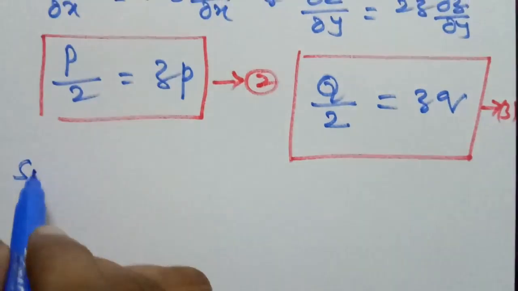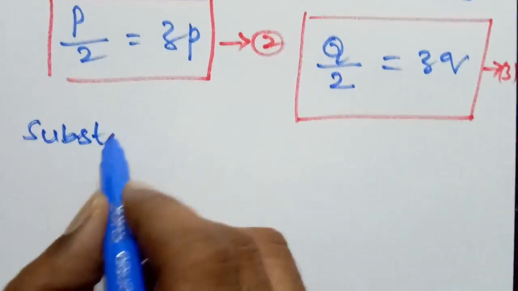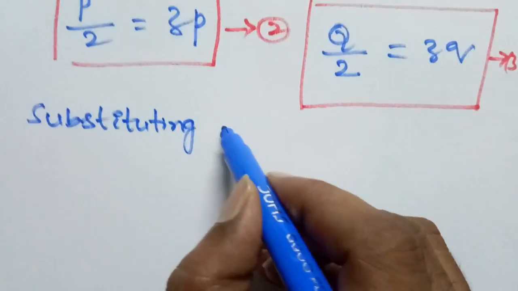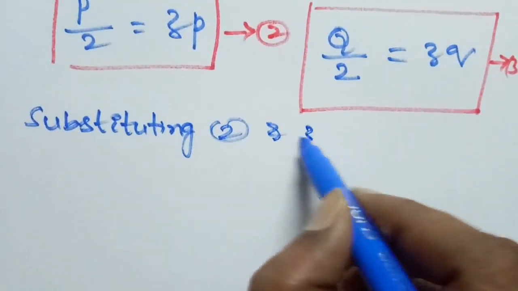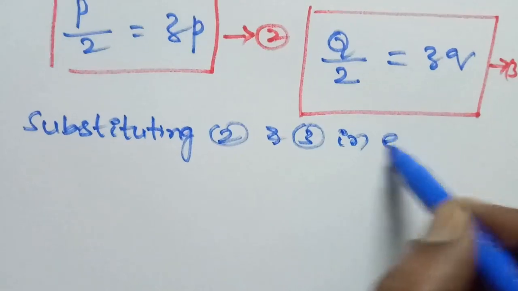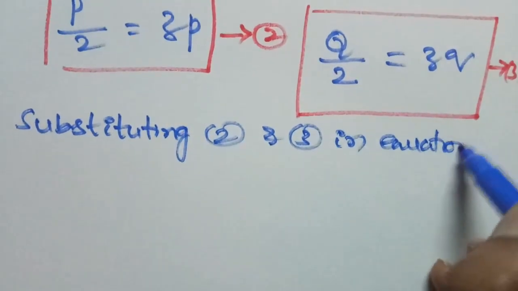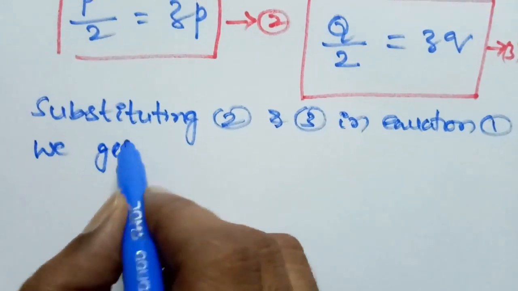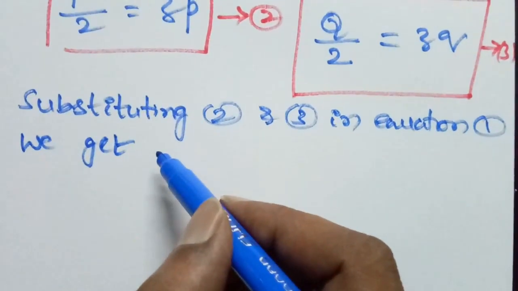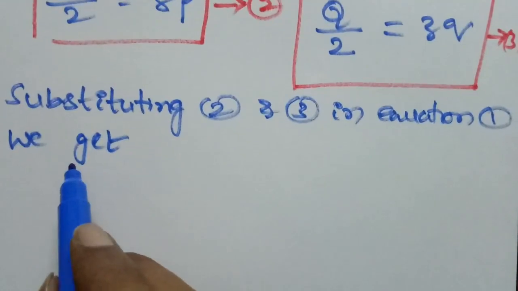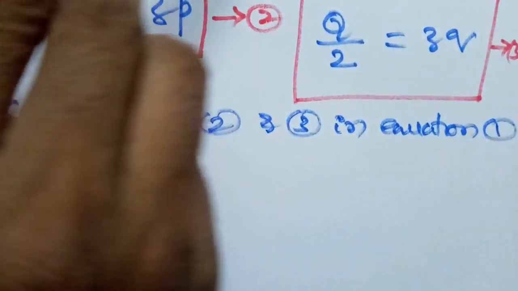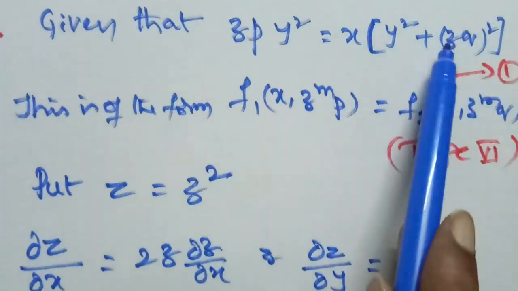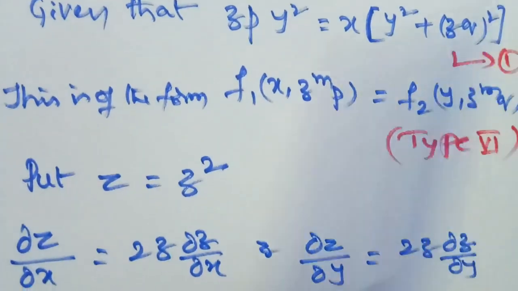Now substituting 2 and 3 in equation 1, we get z into p, that is capital P by 2, z into q, that is capital Q by 2.